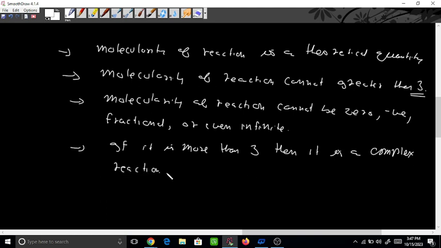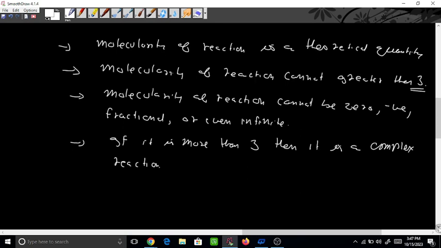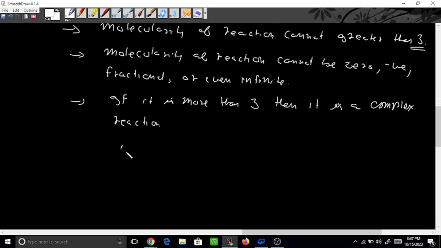Suppose I take this example: 4HBr plus O2 gives 2Br2 plus 2H2O. Here, if I need to write the molecularity, what will it be? 4 plus 1 is equal to 5. But I am saying that it can't be greater than 3, and here we are getting 5. Because 4 from here, 1 from here, so 5 can't be possible. So this will be a multi-step reaction.